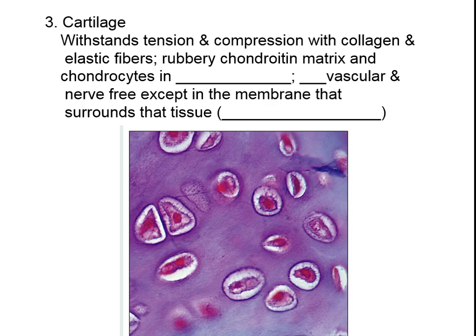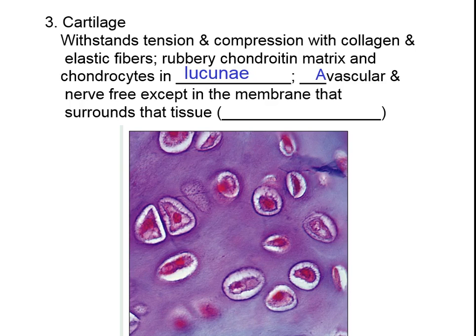Another kind of connective tissue is cartilage. Cartilage withstands tension and compression because it has lots of collagen and elastic fibers in it. It's got a rubbery chondroitin matrix and chondrocytes, which are cartilage cells, in lacunae. It is an avascular connective tissue, so it's never going to be very thick. It's nerve-free except in the membrane that surrounds the tissue.